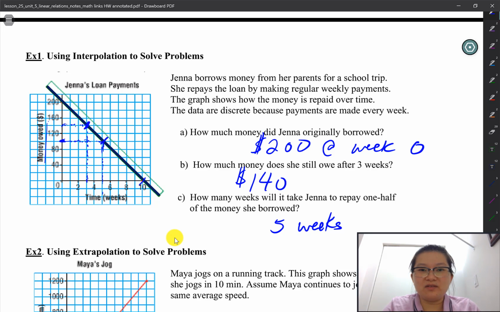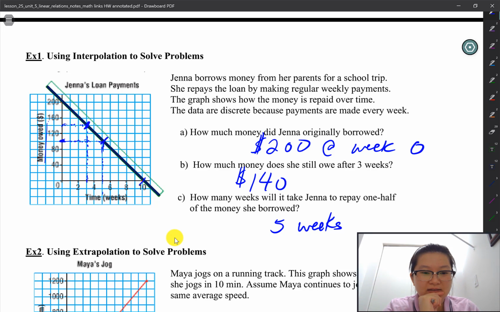Here's a question for you. Does it make sense for this graph line to keep going like I've shown over here? Pause the video to think about it. If you're thinking no, it doesn't make sense for the graph to continue, then you have a point.